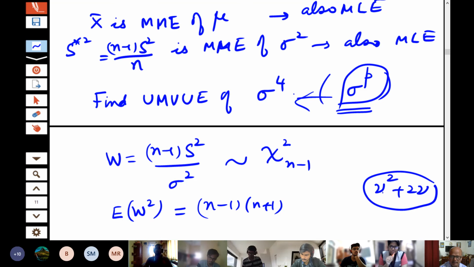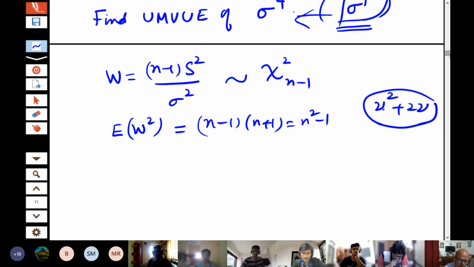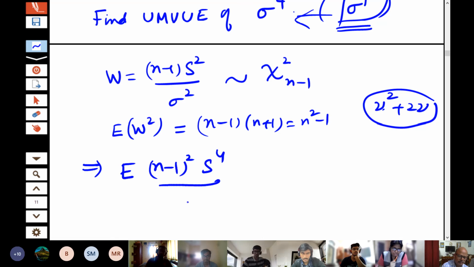Here nu is n minus 1. So this is n minus 1 square plus twice n minus 1. So that is nothing but n minus 1 into n plus 1, which you can write as n square minus 1. So from here, if you write the statement n minus 1 square s to the power 4 by sigma to the power 4, that is equal to n square minus 1.